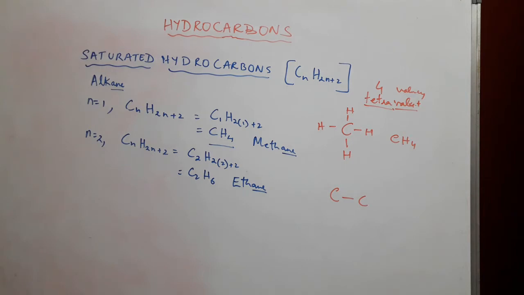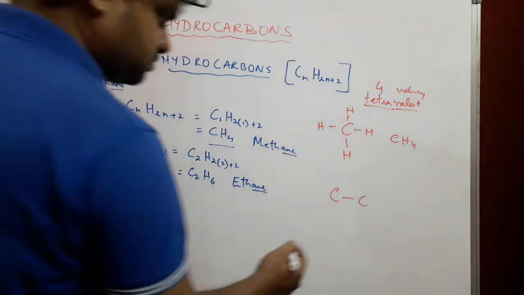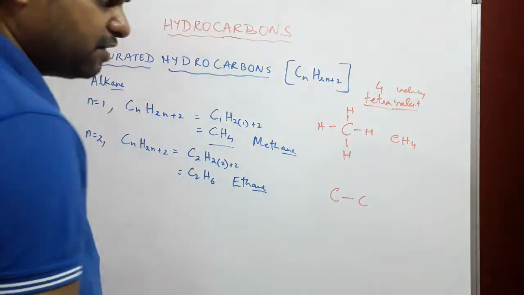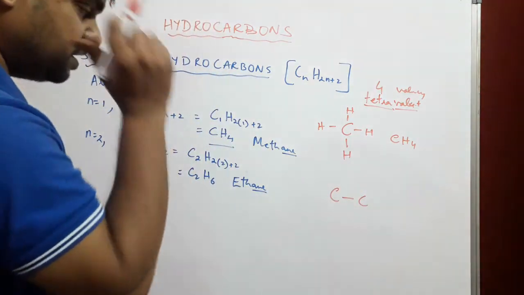So carbon can easily form stable multiple bonds, either double, triple or single, with itself and with atoms of other elements as well. But over here we are concerned about how carbon forms long chain hydrocarbons. For example, over here we have 2 carbon atoms. Each carbon atom should have 4 bonds because of its 4 valence electrons.